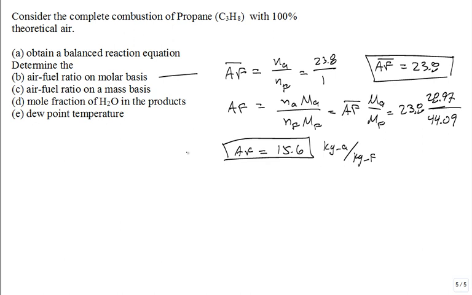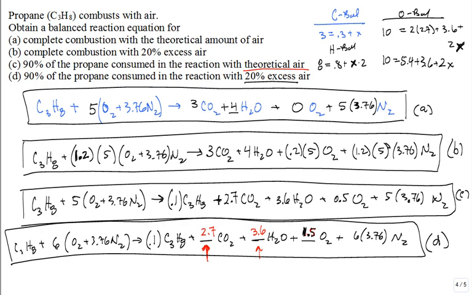All right. Mole fraction of water in the products. That's important. It's going to be high. The mole fraction of vapor in the products is the number of moles of H2O divided by the total number of moles of the products. Let me calculate it here.